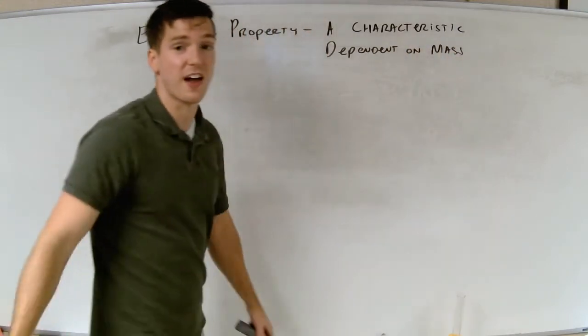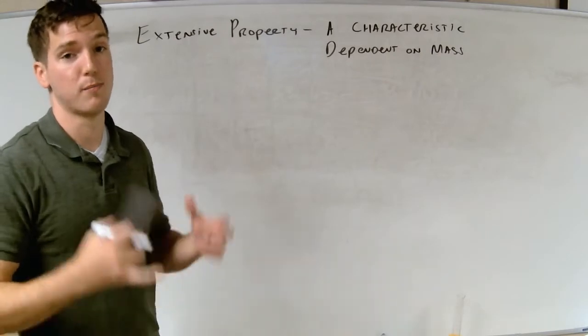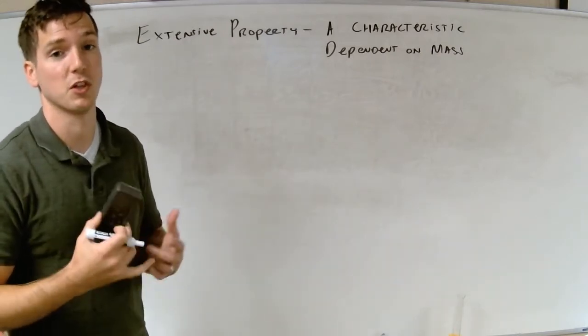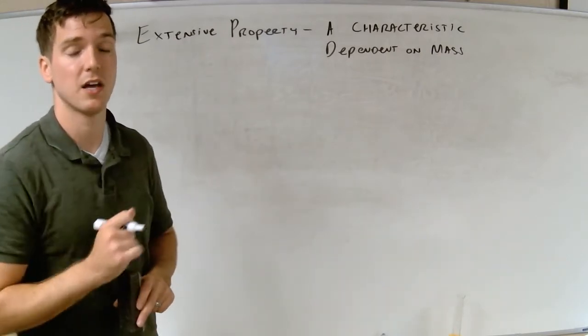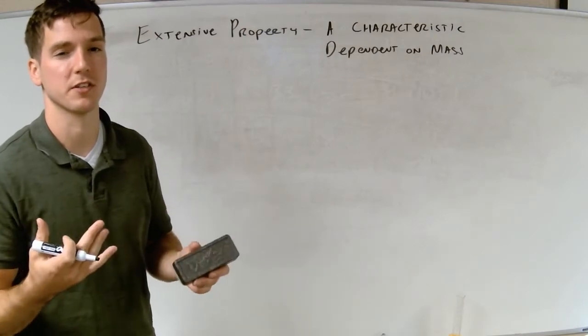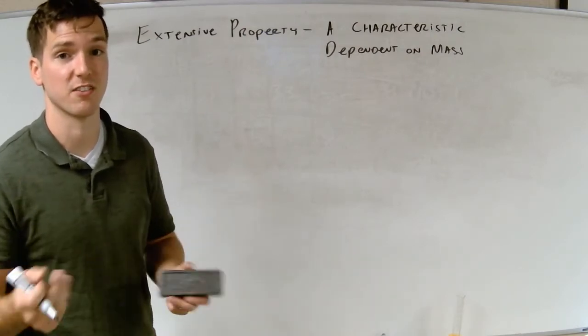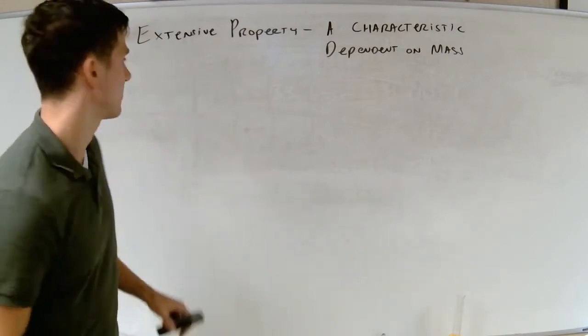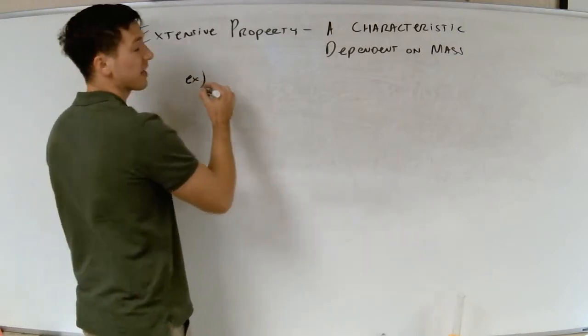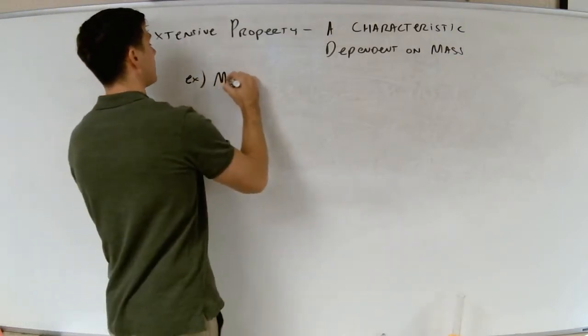So this is if I have a bunch of the same atoms, say I have a bunch of aluminum atoms, and I keep adding aluminum atoms, what characteristics are those going to change? Those are extensive properties, extensive characteristics. Okay, things like if I add more atoms, it'll affect the mass.